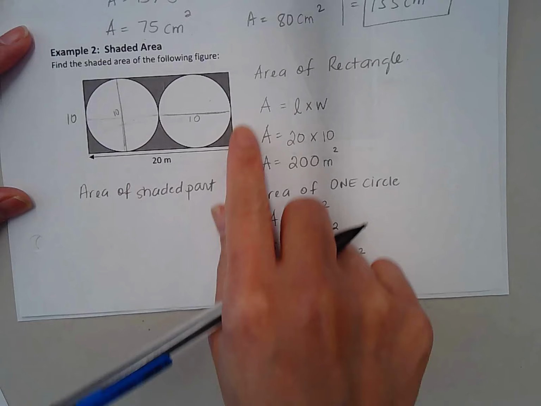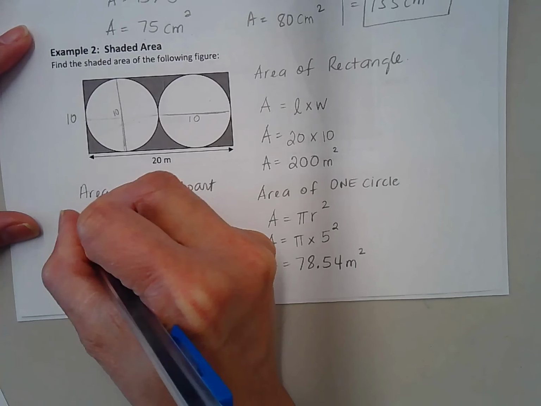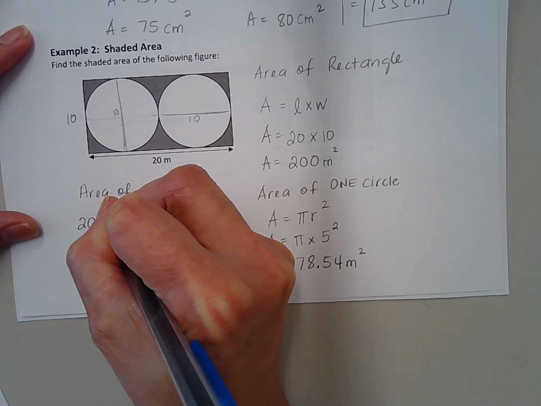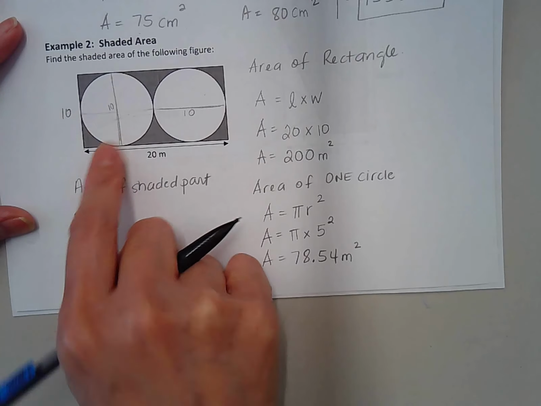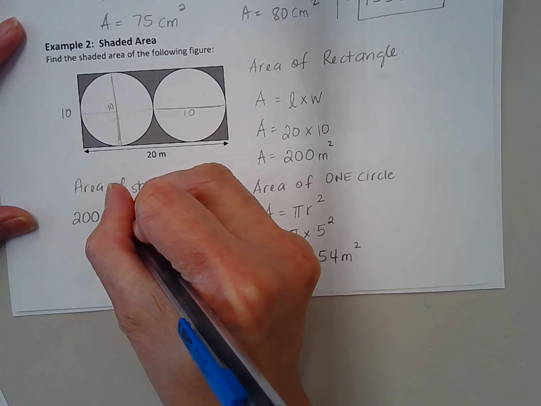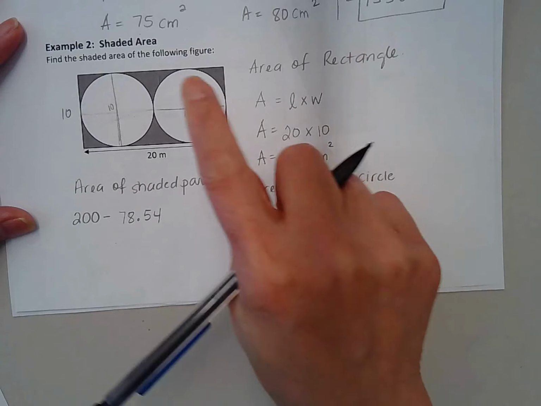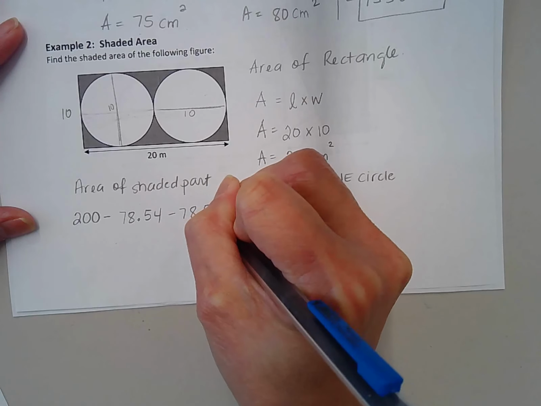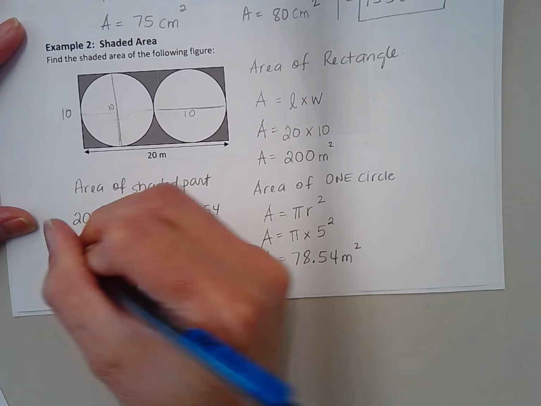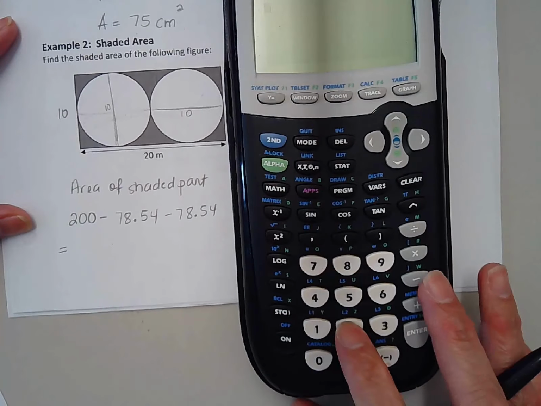We started off with the whole rectangle, so it's going to be 200 minus one circle, 78.54, and then another circle, 78.54.